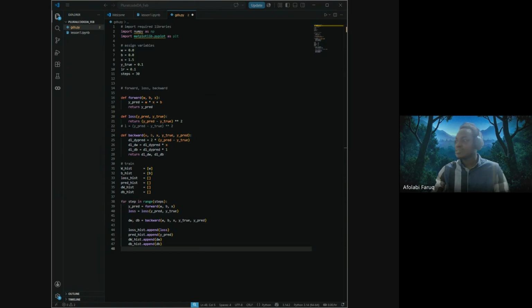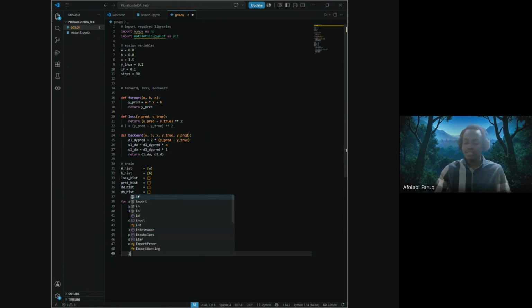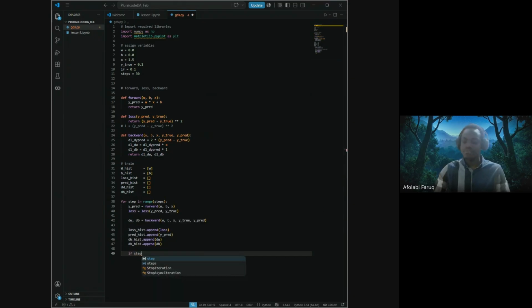Now the next thing I want to do is, after reaching a certain point within the epoch, say for example, if step is the same as steps.